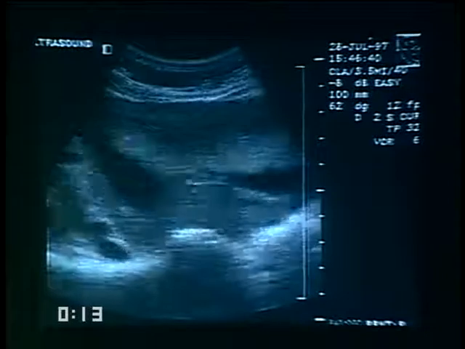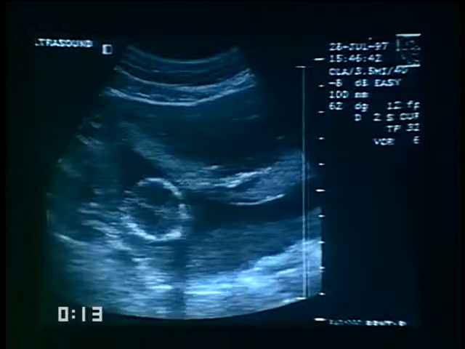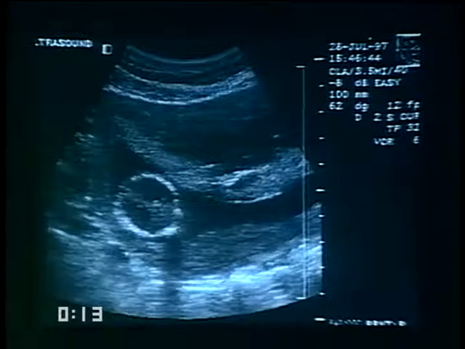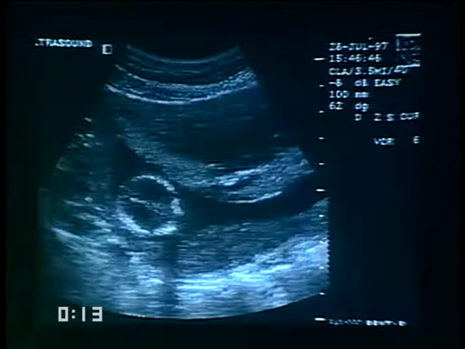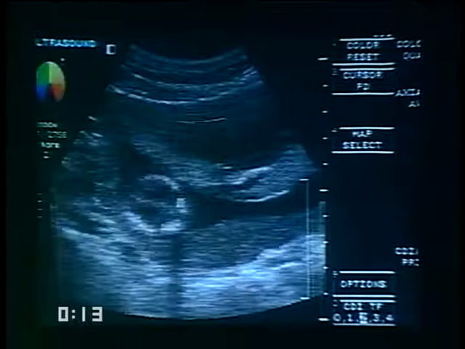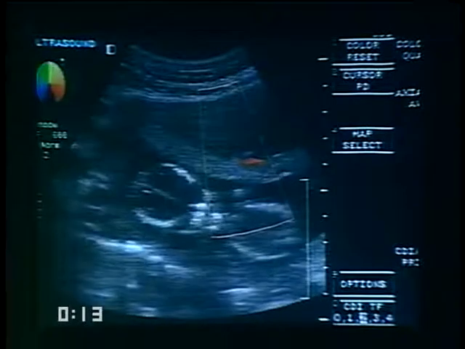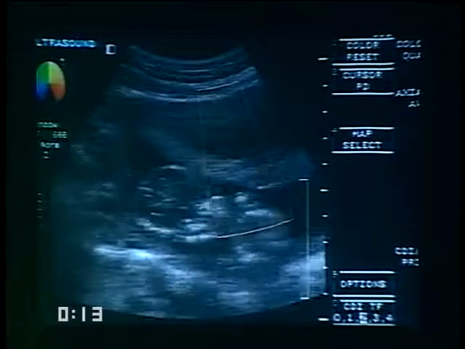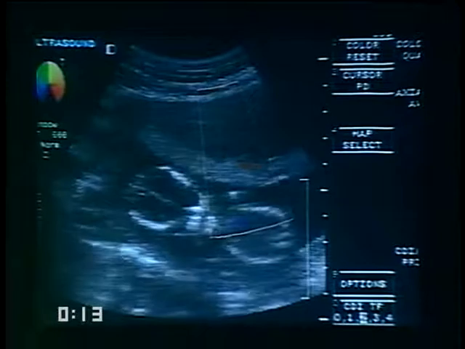So what we have is a complex hypoechoic cystic collection beneath the placenta. So that's an example of abruption.